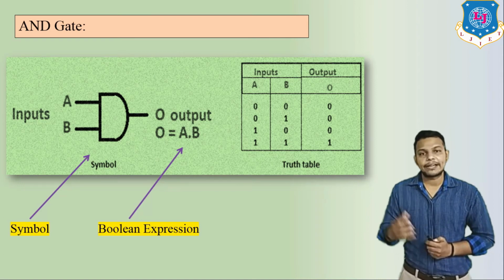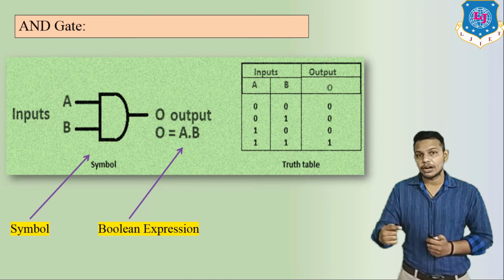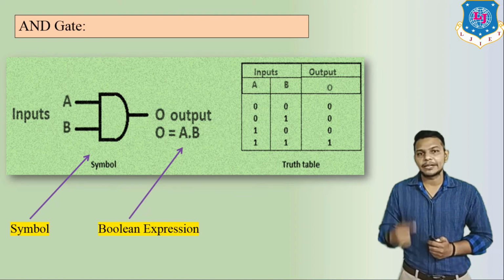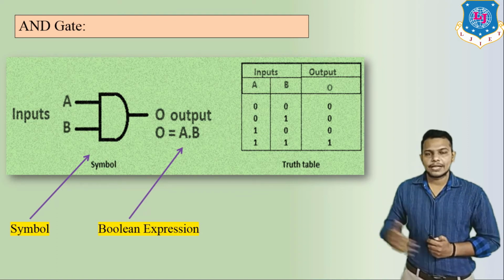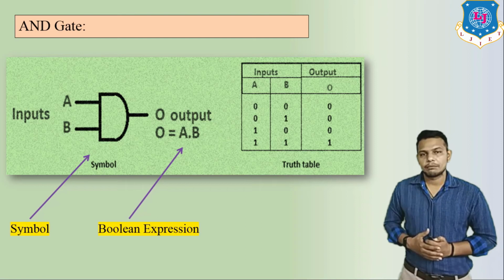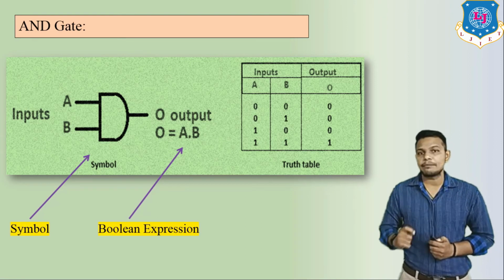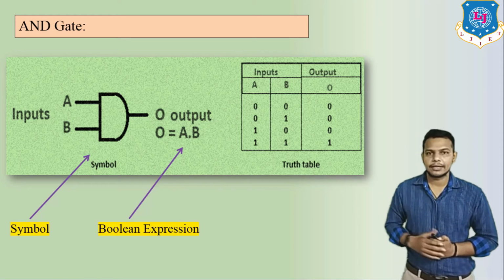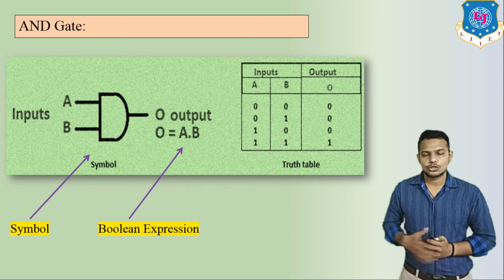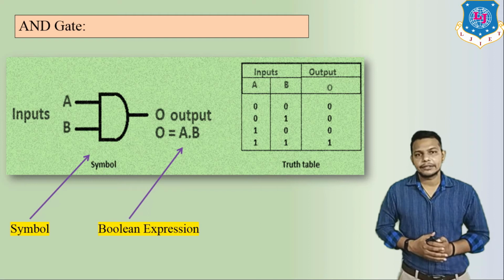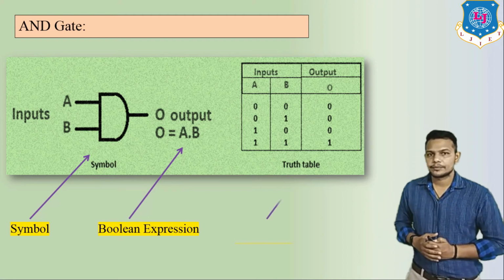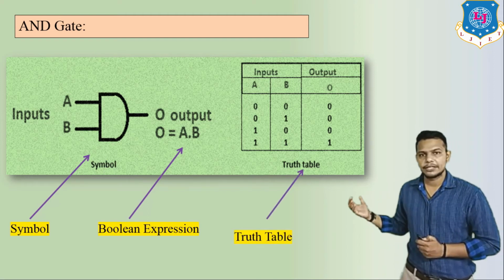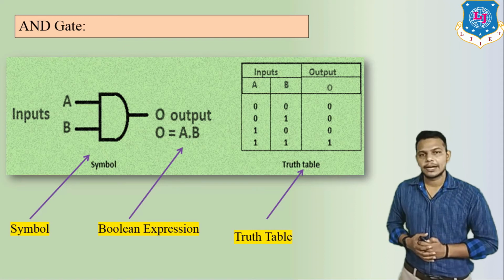If I enter 0 and 1, or 1 and 0, because its multiplication should be 0, then I will get 0. But if A and B are equal to 1, then I will get 1 at the output side. So this is the AND gate truth table.